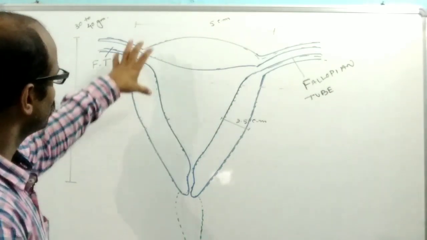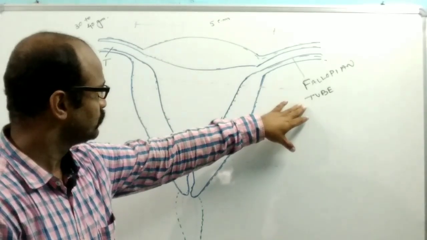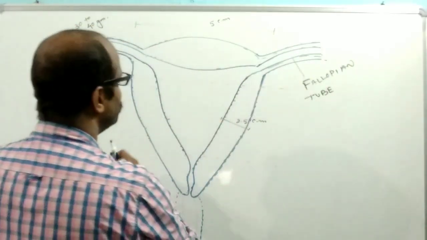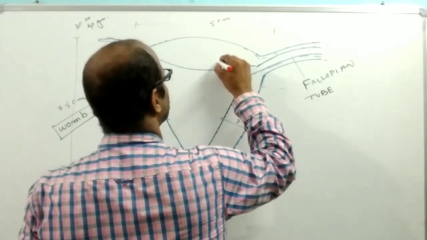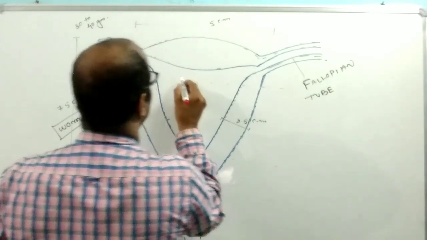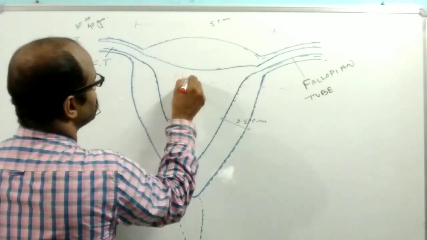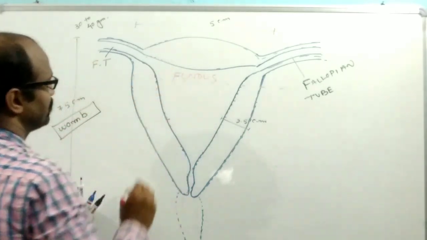The upper region, with two angles which receive the fallopian tubes, is known as the fundus.